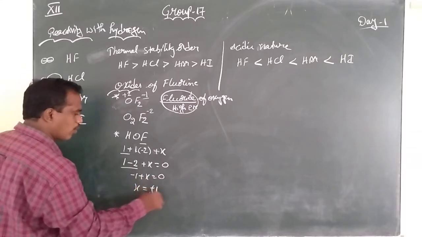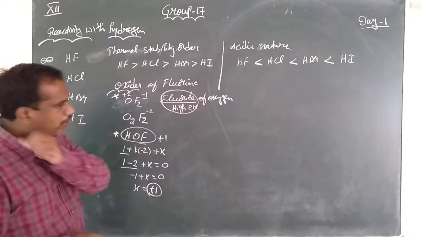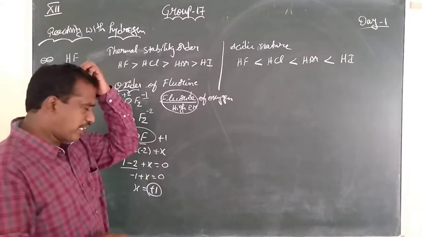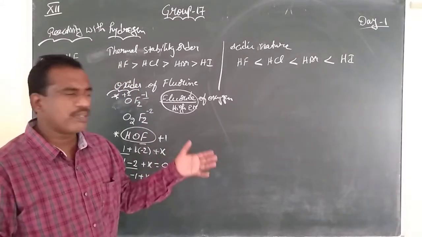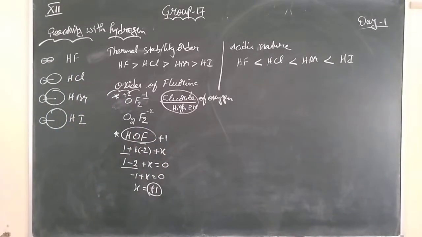Here x is equal to +1. Only in this case is fluorine showing a +1 oxidation state. But chlorine shows many oxides, which we will see on the board. Let me write a list of the oxides of chlorine, bromine and iodine.